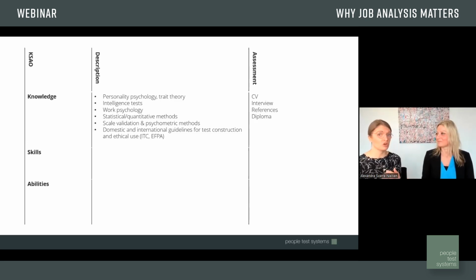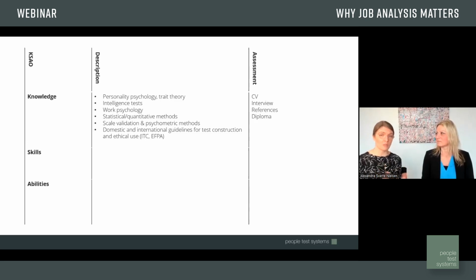And then I could also ask references for their evaluation of the knowledge within the field, if the person has worked in similar areas before. And then I would look at the diploma, and here I would look for specific subjects.